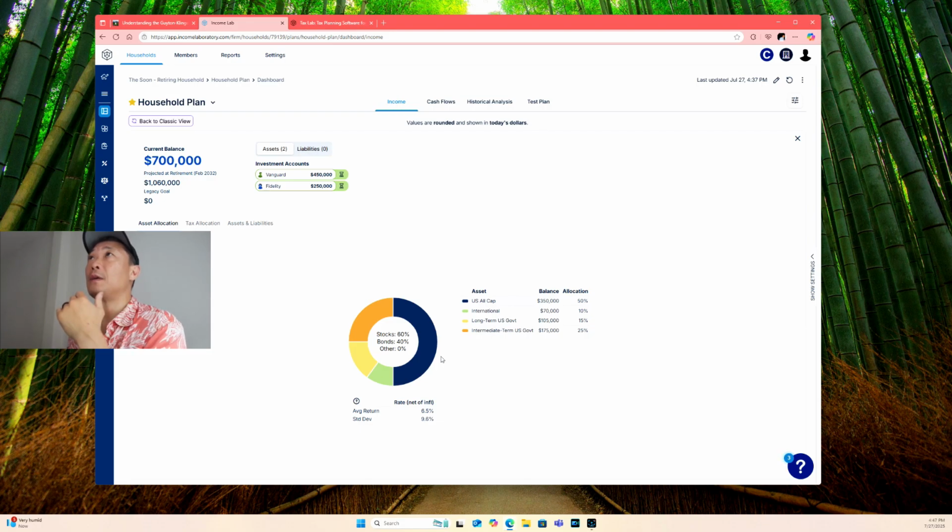So, for example, if you were to take this portfolio, all I did was make a sample portfolio. I put in 450,000 for soon retiring, and put another 250,000 in soon retiring's 401ks, right? One at Vanguard, one at Fidelity. Then it comes to you with a set of predefined asset allocations.